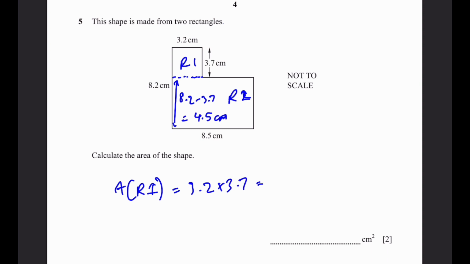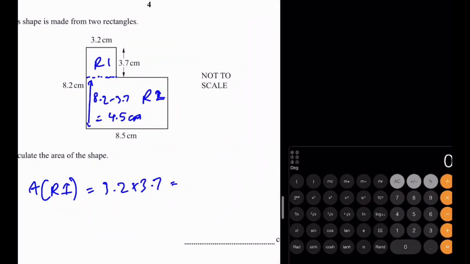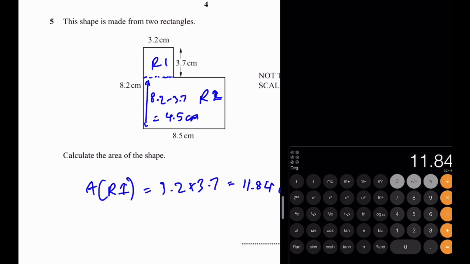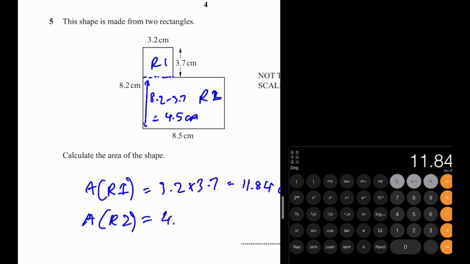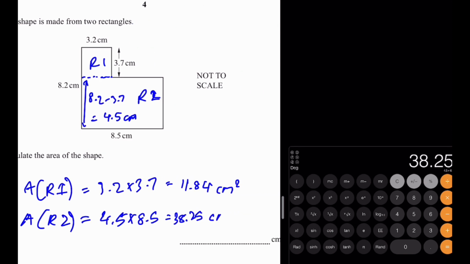Let's get our calculator out. There we are. 3.2 into 3.7, which is equal to 11.84 centimeters squared. Now the area of rectangle 2 is equal to 4.5 into 8.5. Let's get that in our calculator. 38.25 centimeters squared.